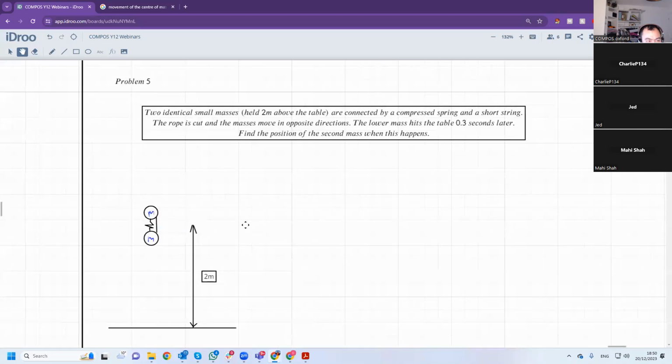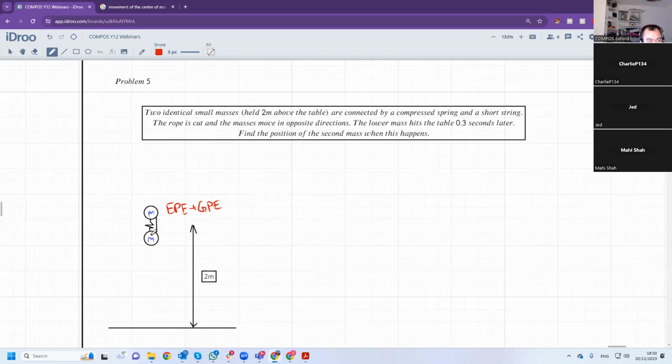So, interestingly, they're giving us a spring. They're not telling us the spring constant. They're not telling us how much energy is stored in the spring. And effectively, they're asking you to calculate the gravitational potential energy of the second mass, right? Because if you think about it from the point of view of energy, there is elastic potential energy here plus gravitational potential energy.